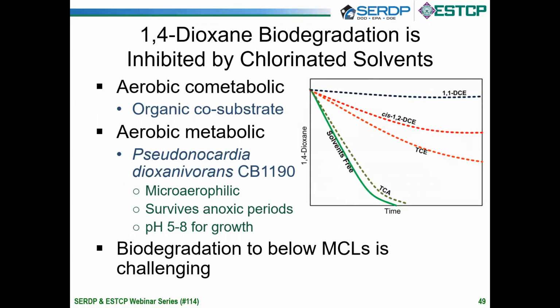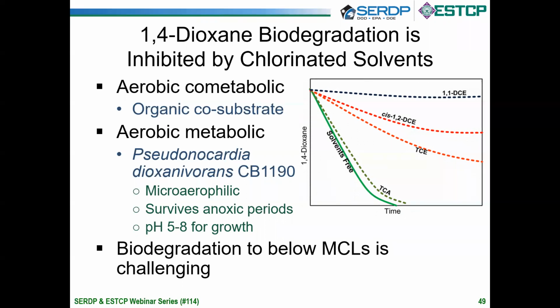1,4-dioxane is a recalcitrant organic compound, but it is biodegradable. Now, the monooxygenases that are involved in the biodegradation need molecular oxygen, and so this happens under aerobic conditions. And it can happen either co-metabolically by a whole range of organisms.